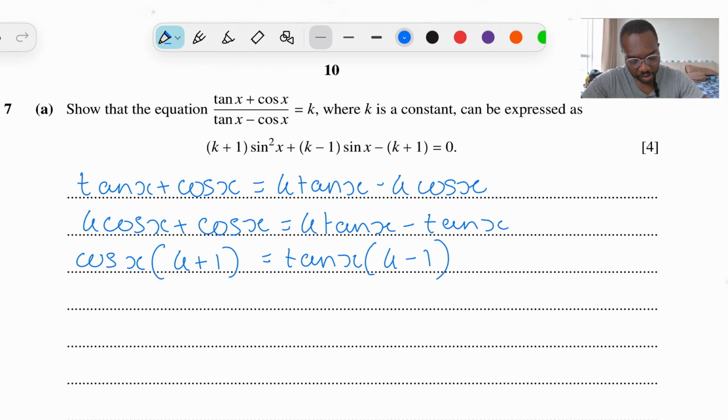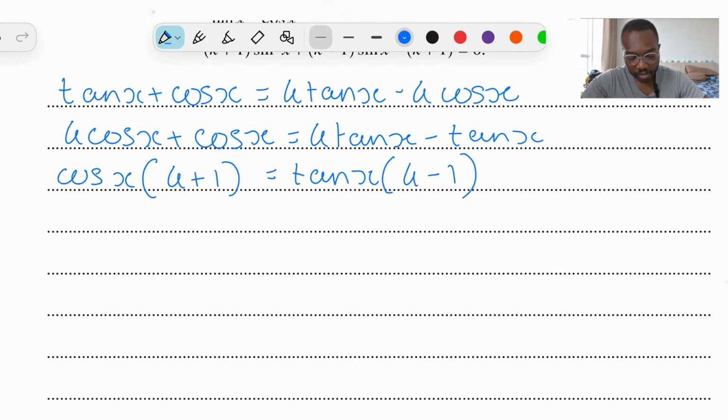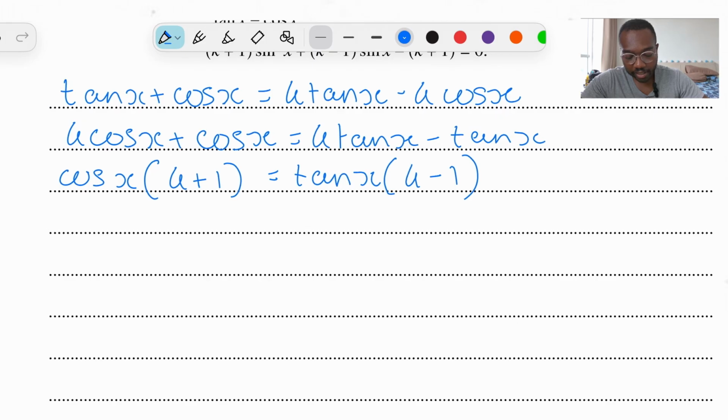So it's starting to take a bit of shape. But what can we do now? Well, now we have to use some identities, because we know that we want everything in terms of sine x. So we have a tan, and we know that tan x is equal to sine x over cos x. So that's the first identity we want to use.